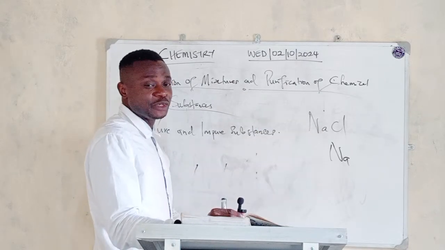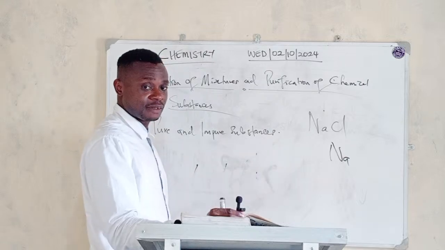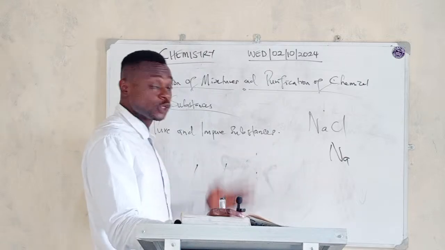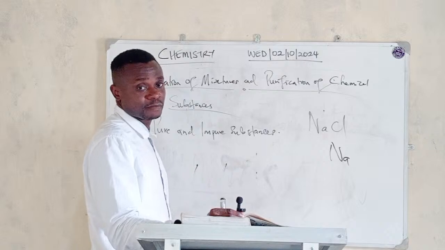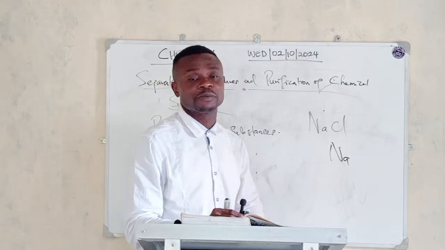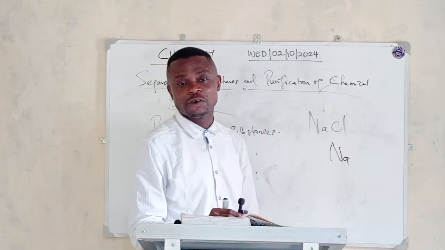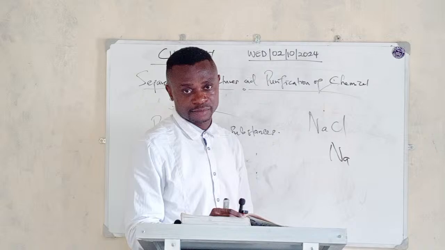A compound is a pure substance. An element on its own is a pure substance. But a mixture is not a pure substance. It has other constituents that are not chemically bonded.